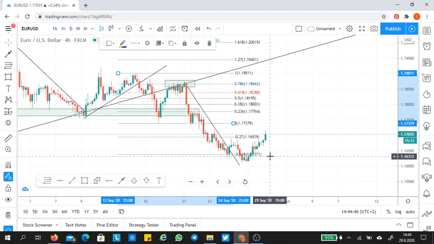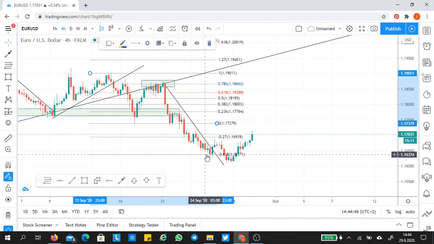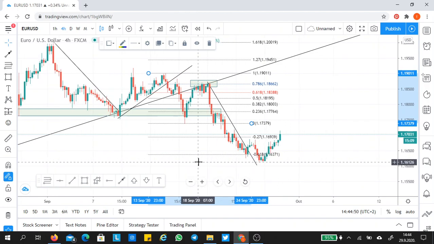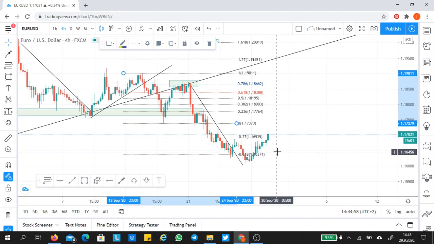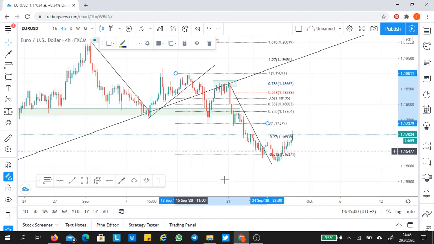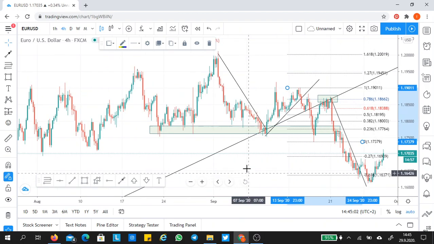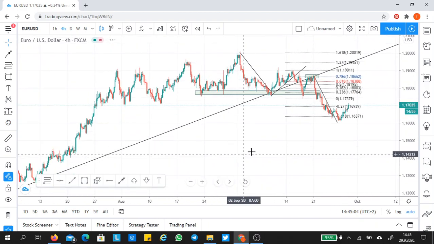This was some sort of two confirmations, and the market went to the upside. Now it sits around the round number 117. I have to see how the market will develop.